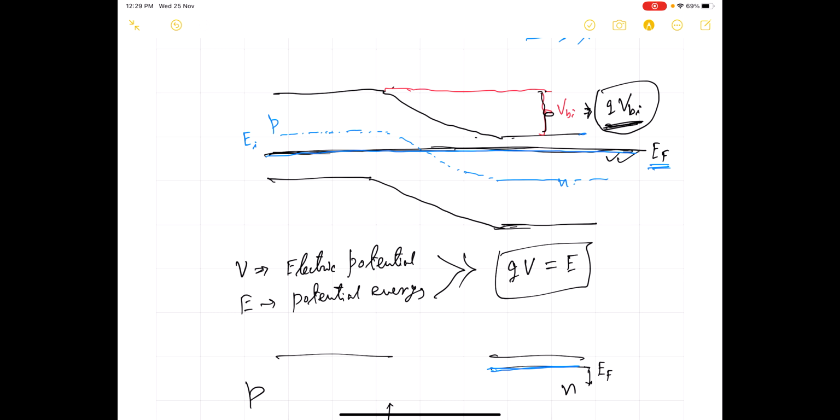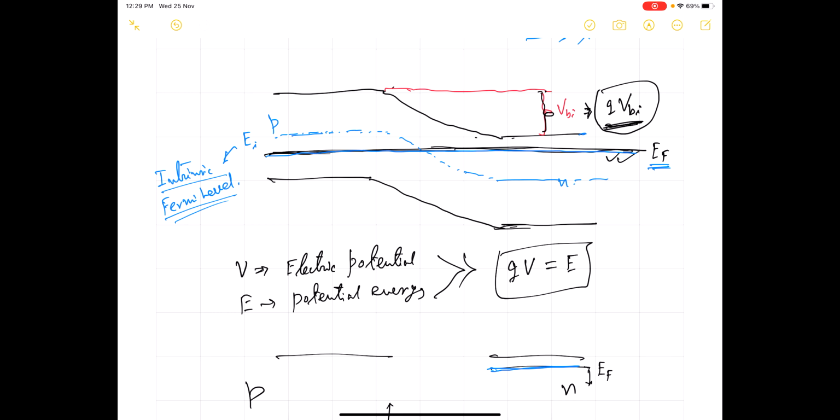Let's say this is EI, the intrinsic Fermi level. That means the Fermi level without considering the doping in the sample.